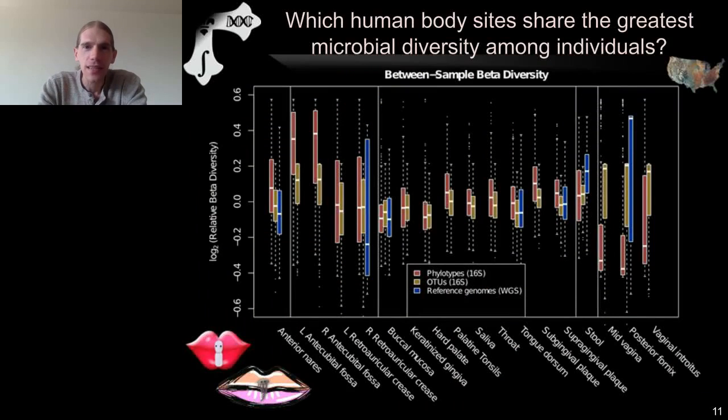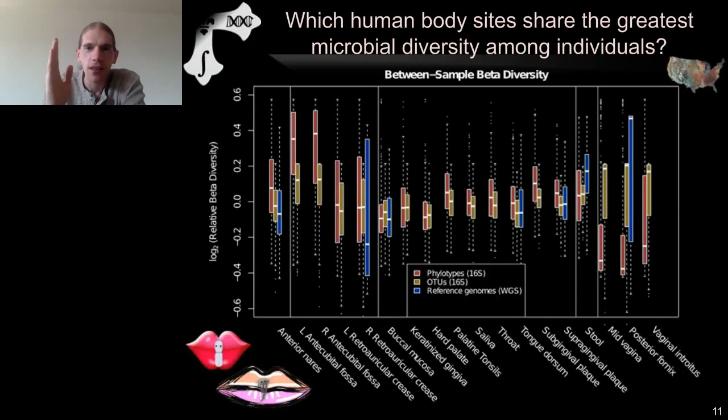So in both this slide and the previous slide on alpha diversity, this slide represents beta diversity, or differences between microbial communities. Each of the columns along the x-axis represents one of the 18 body sites surveyed by the HMP. Each box represents the beta diversity across the population, or the aggregate of all pairwise differences between individuals at that body site.